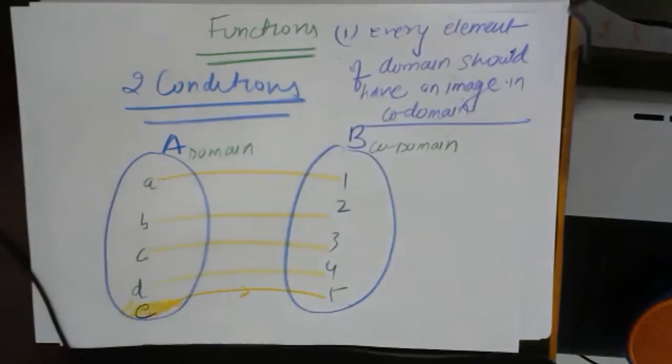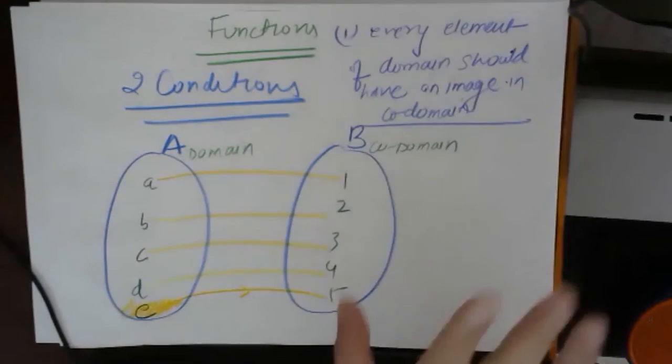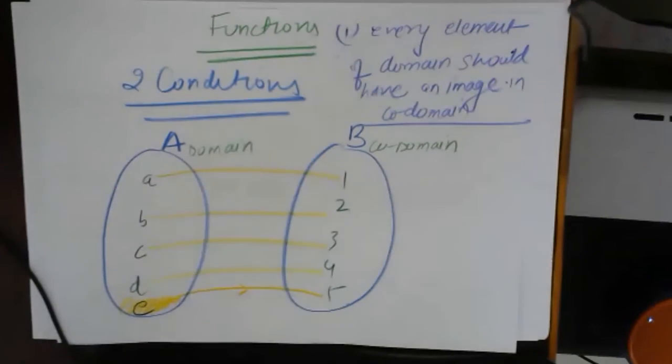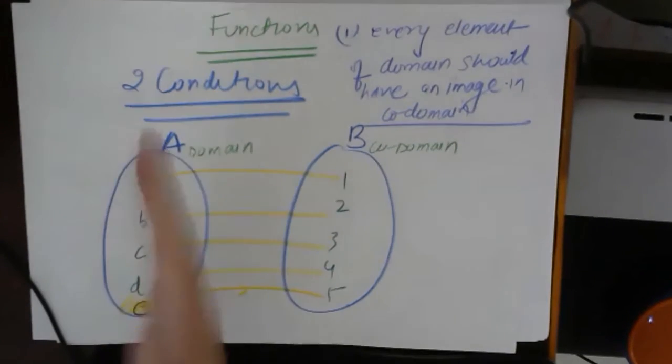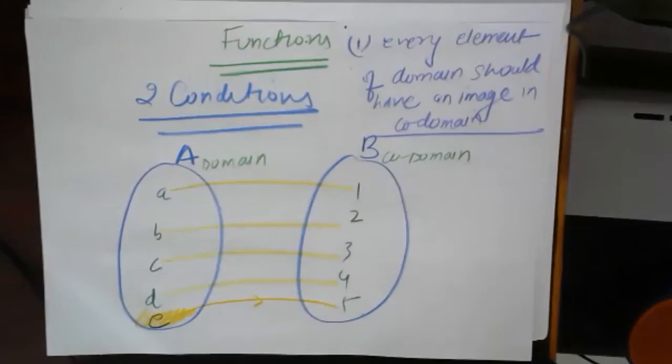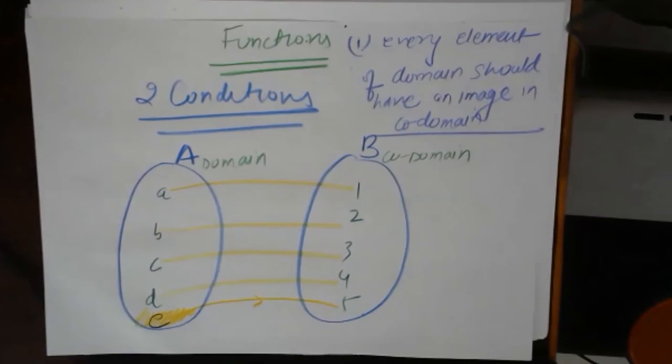This is the first basic requirement. What is the first requirement? Every element of domain should have its image in codomain. Fine. So I think I will teach you till here. Remaining we'll do in the next class.